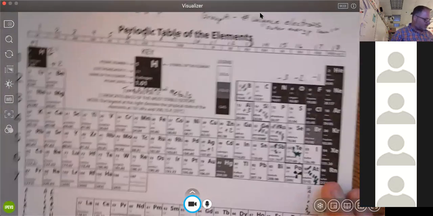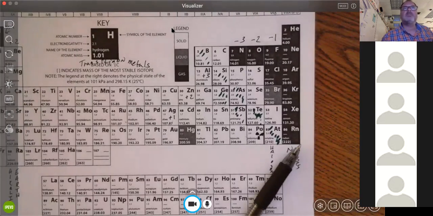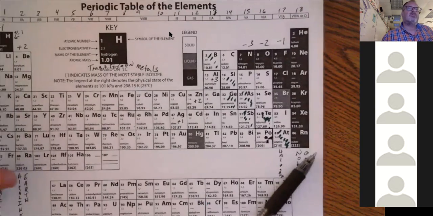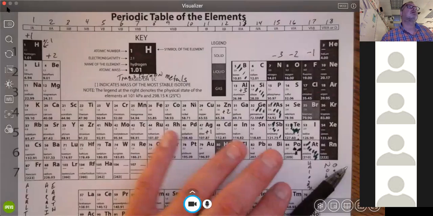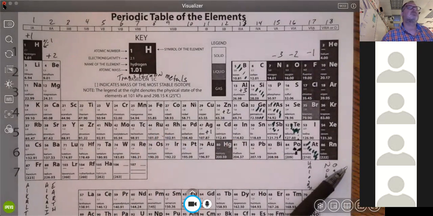So from what I've told you, let's play what element am I? The faster we answer these, the quicker we can end the Zoom, and you guys can get to work on that puzzle page. So what element am I?